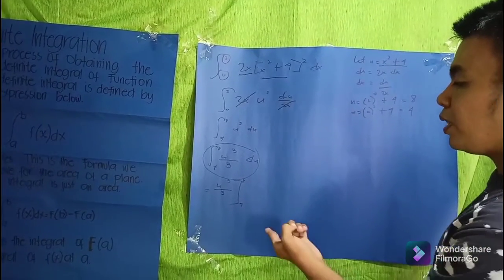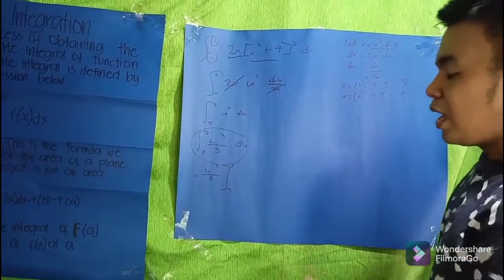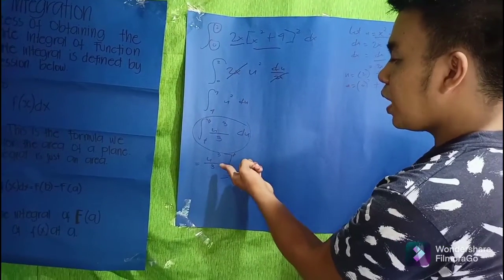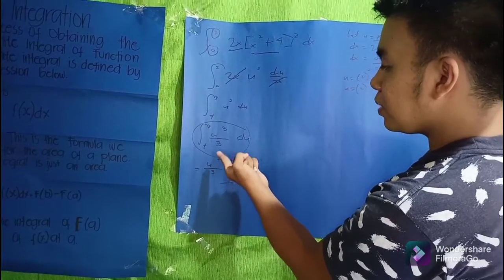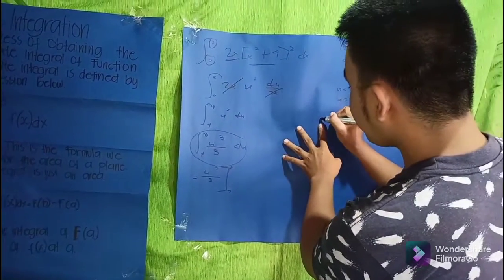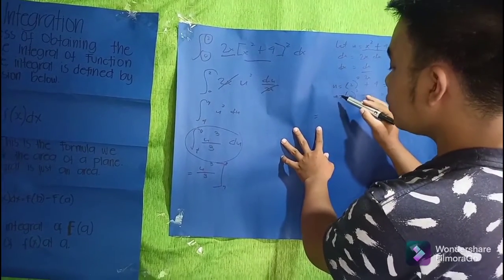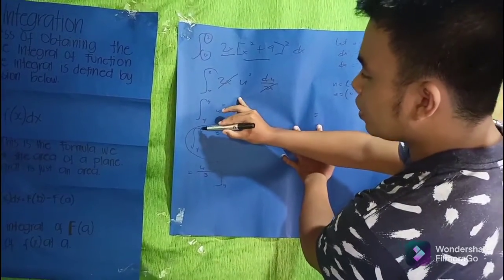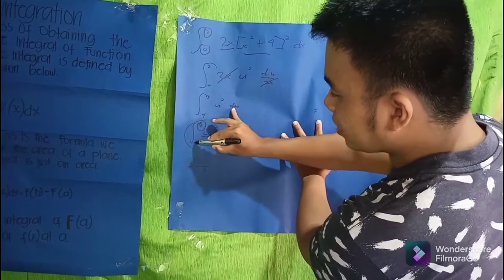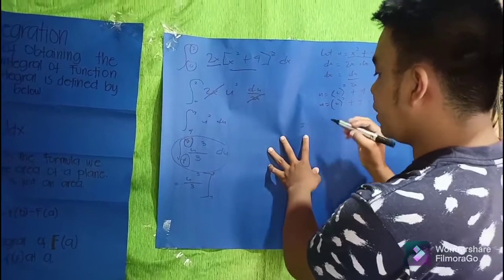So we are going to solve it now. We will not substitute the x squared plus 4. Hence, we will use the value of the limits in the expression. So, is equal to, we will use u and the upper limit, because this is the f of b and this is the f of a.